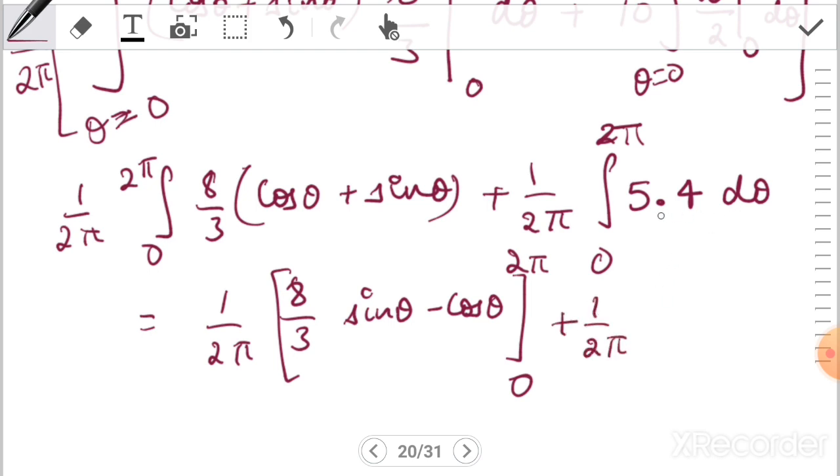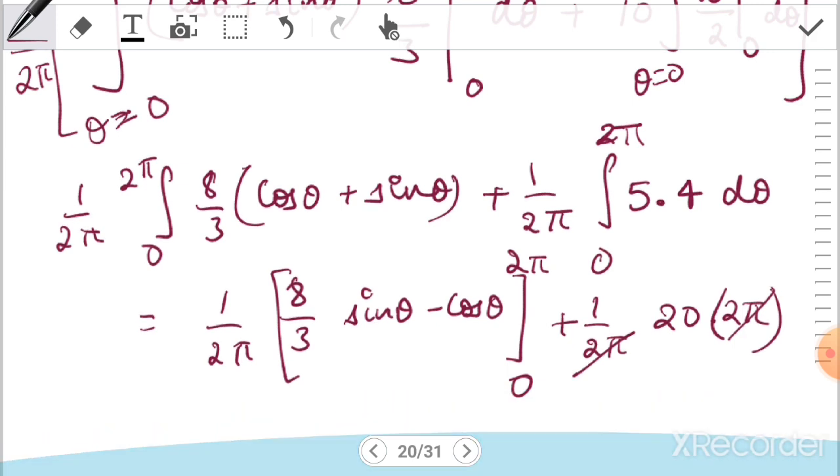Since this is a constant, we have 20 into 2 pi minus 0, which is 20 into 2 pi, so the 2 pi cancels. Sin 2 pi is 0 and cos 2 pi is 1, so 0 minus 1, and sin 0 is 0, cos 0 is 1, so 0 minus 1, minus of 0 minus 1, which is 0.